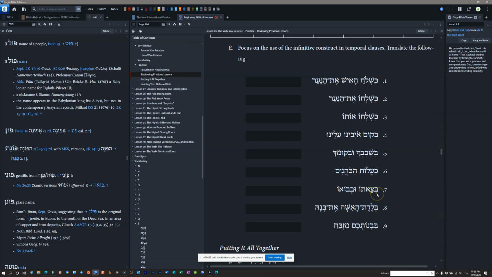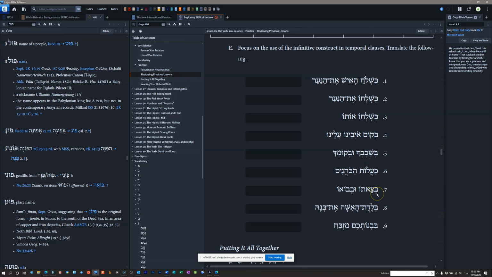Zakartem, zakar, katav, darash, davakh, akal, asaf. All of these are really straightforward. So I think that's just reviewing basic Qal strong, Qal perfect, and strong Qal imperfect conjugations. Pretty straightforward there. And then we're skipping E and going to F.